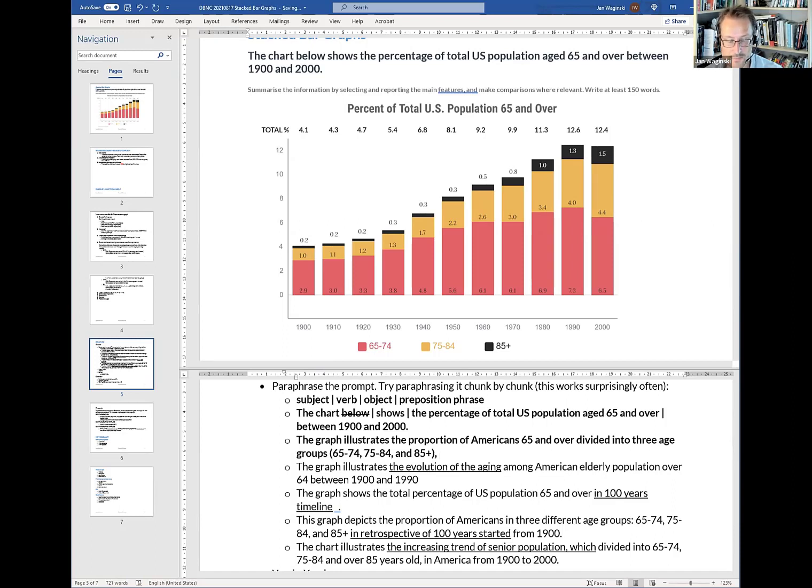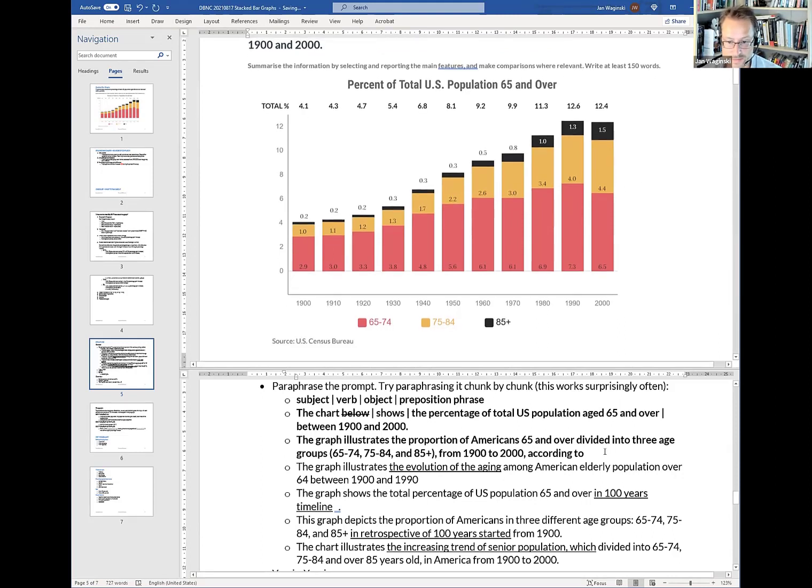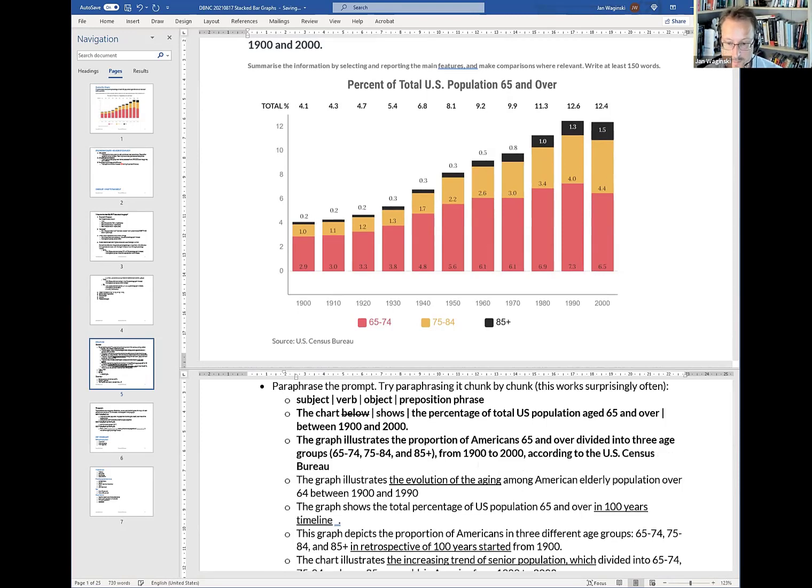How would you paraphrase that? Between 1900 and 2000. Maybe starting from. Why not just from? 1900. And who wrote the study? According to the U.S. Census Bureau, according to the U.S. Census Bureau.